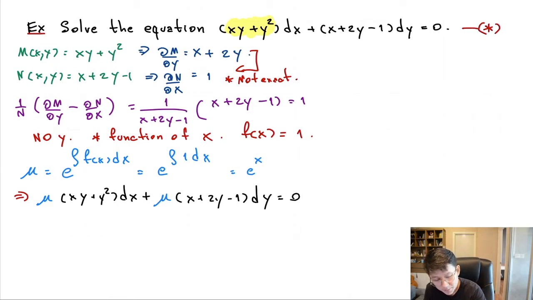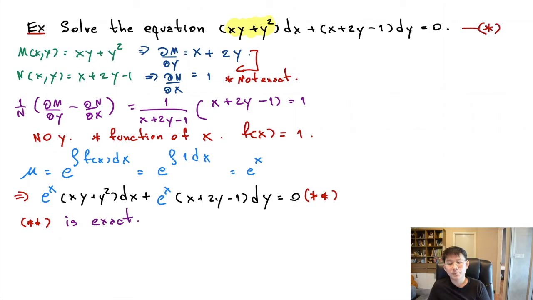But guys, mu is e to the x, right? Oops, sorry. I call this double star. And we know that this double star is actually exact.